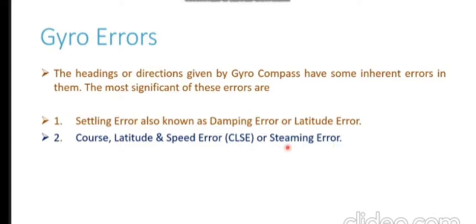Now the second error gets its name as steaming error because this error is present in the compass only when the ship is moving or steaming. If the ship is not steaming and is stopped, in that case the second error is absent. It is not there. That's why the name given to it as steaming error.